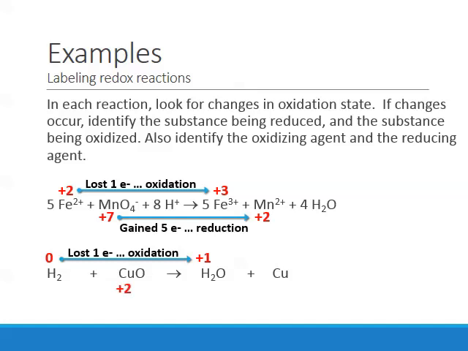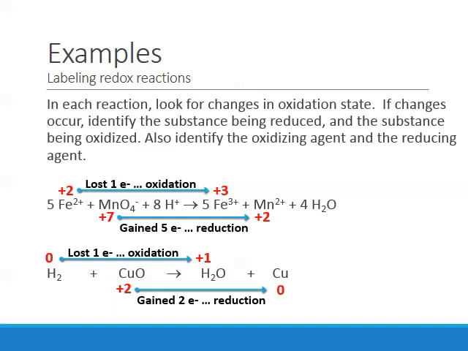Similarly, the copper in copper oxide begins with +2 as an oxidation state, and at the end we have just the element copper, so 0. +2 to 0, we've gained 2 electrons, reduction. Remember that if your oxidation state goes up, 0 to +1, you've lost negatives, you've lost electrons. If it goes down from +2 to 0, you've gained negatives, you've gained electrons.